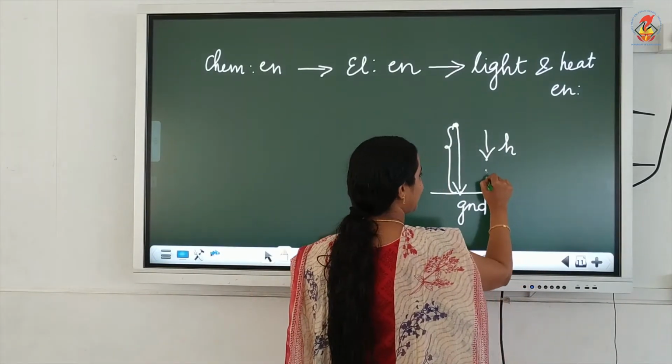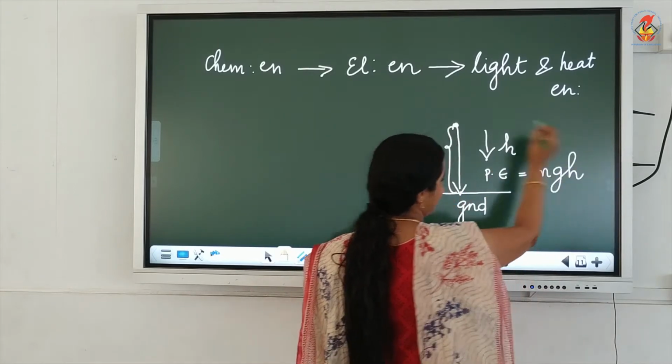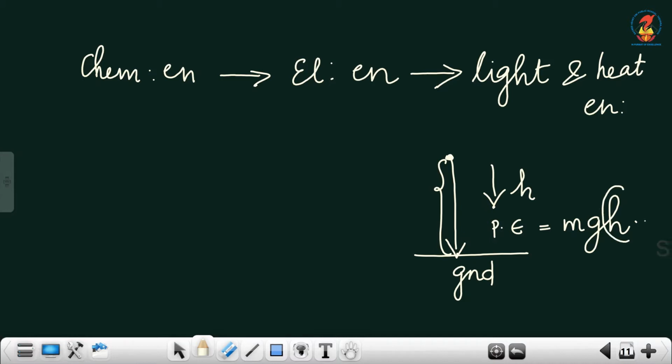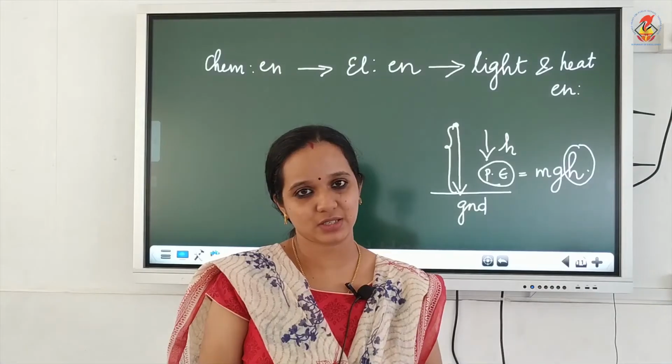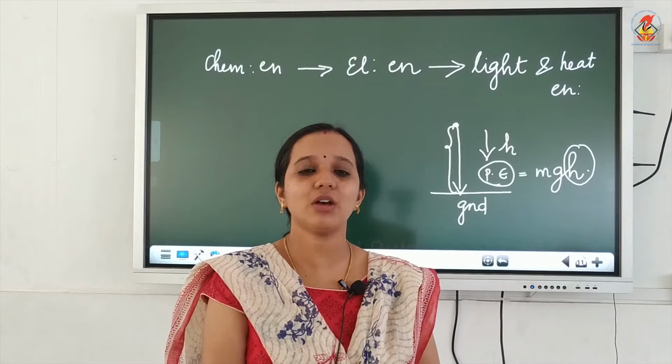As a result, we know that potential energy is mgh. So, as height gets reduced, potential energy also gets reduced. But according to conservation of energy, the total energy should remain a constant. So, is this a violation of the law of conservation of energy?